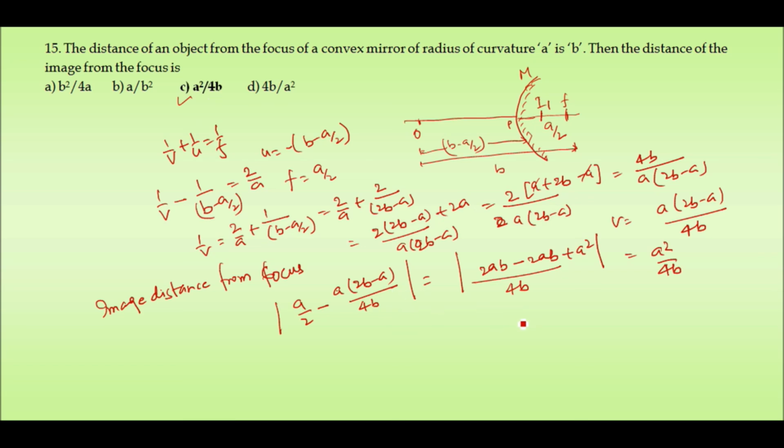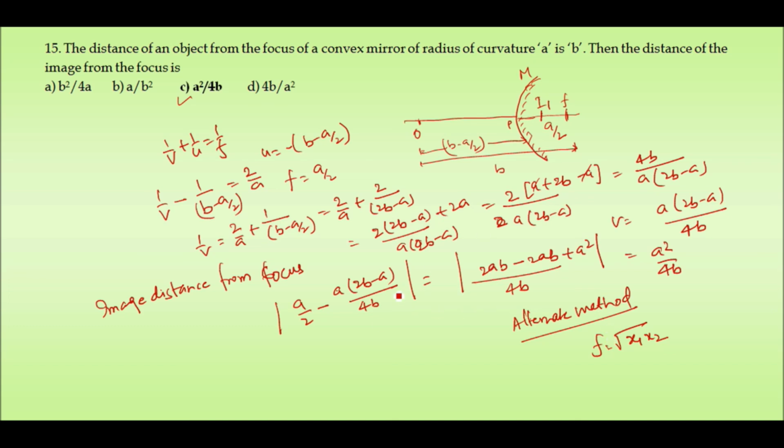Now we will solve it by the second method. As we know from Newton's law, if we take the object distance from focus and the image distance from focus, then focal length f is equal to the square root of x1 x2, where x1 is the object distance from focus and x2 is the image distance from focus.